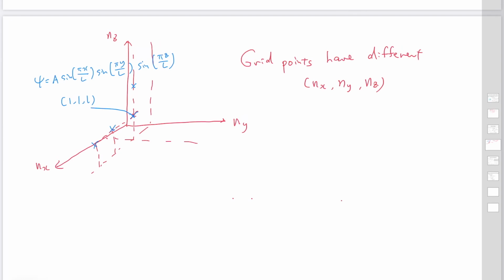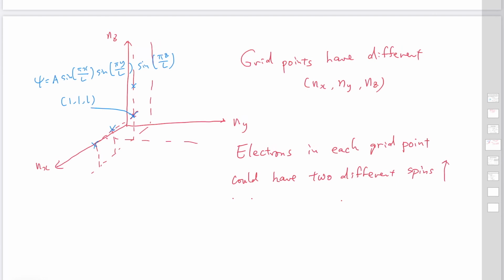So you can consider that the electron in each grid point could have two different spins, up or down.